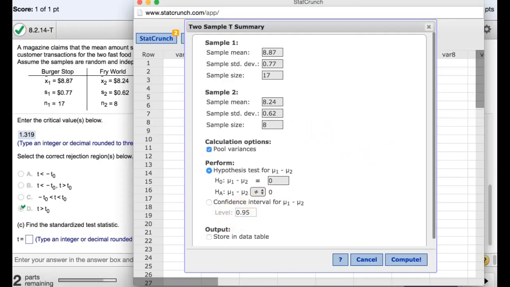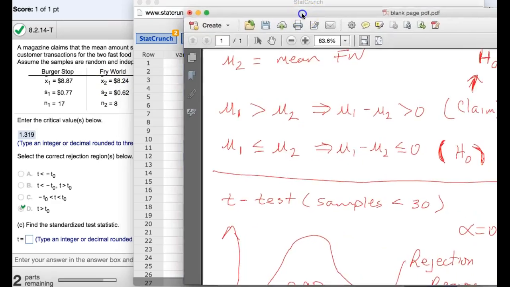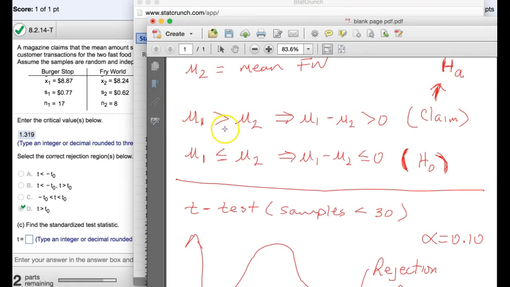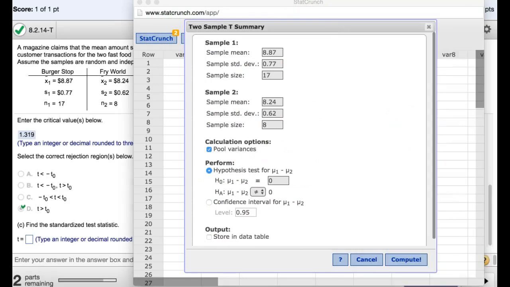So here, if you remember from earlier, we said that our alternative hypothesis here is going to be that the population mean for Burger Stop is more than the population mean for Fry World. And so just to make sure that you remember that, that's what our alternative hypothesis was. So we'll come here and select greater than, and then from there we shall compute.